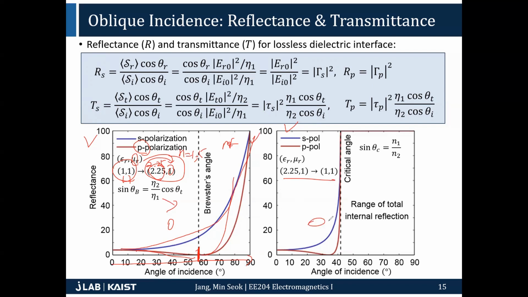And here, similar trend occurs before the critical angle. But here, when you shine light from high index to low index, there exists a critical angle. And above the critical angle, you get 100% reflection, which is called total internal reflection, right?